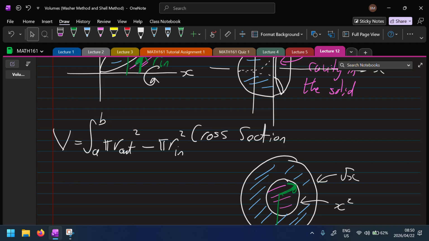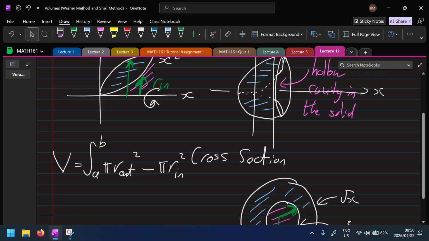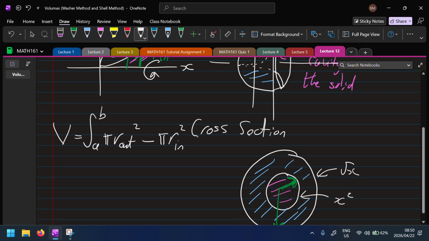Okay. And here our cross sections are along the x-axis. So when we add up the cross sections, we add up along x. Okay. So we end up with that. That's the general formula that we're going to be using. So anytime you have a volume with some hollow cavity, you look at the outer radius and find the volume of the outer shape.